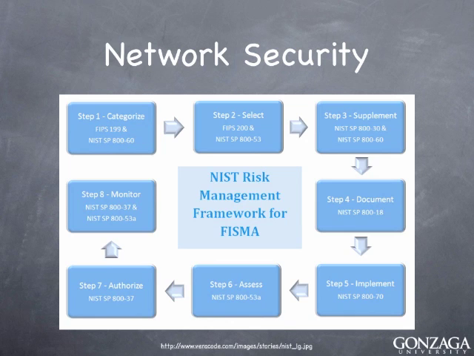The 7628 document was heavily lifted from a NIST security framework that existed previously, the 800-53, which is referenced in step 2 of this process. But you'll see that NIST has created a whole framework for information security that's been in place for quite a while.